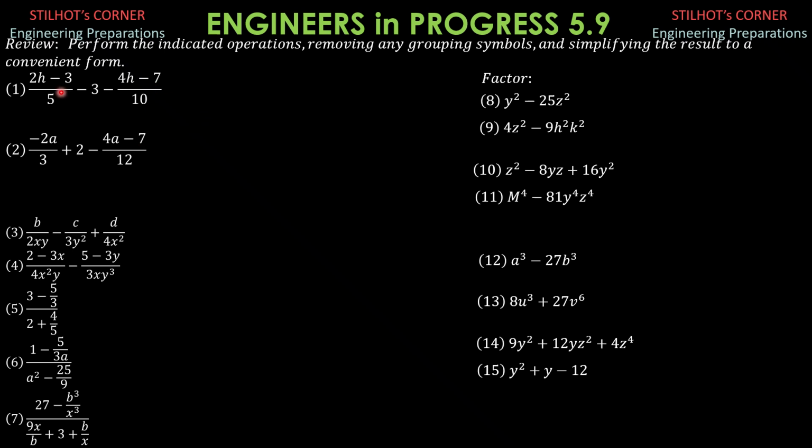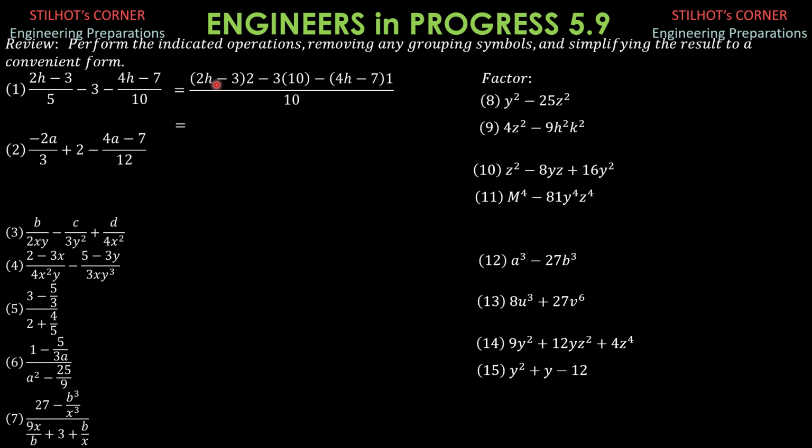So for problem 1, the LCD is 10. So 10 divided by 5 is 2. 10 divided by 1 is 10. So this is quantity 2h minus 3 times 2 minus 3 times 10 minus quantity 4h minus 7 times 1, all over 10.